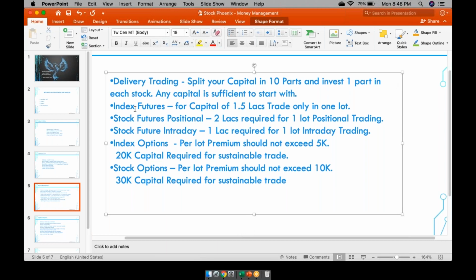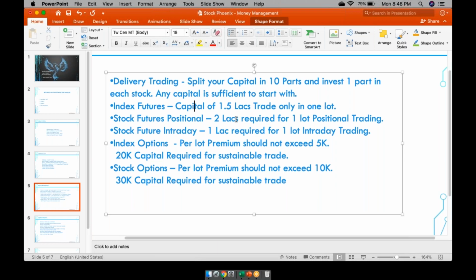Index futures means trading in Nifty or Bank Nifty. For capital, we require 1.5 lakh to trade intraday or positional. If you want to trade index futures, that is Nifty and Bank Nifty, keep minimum capital. As per today's scenario, you require 1.2 to 1.3 lakhs.